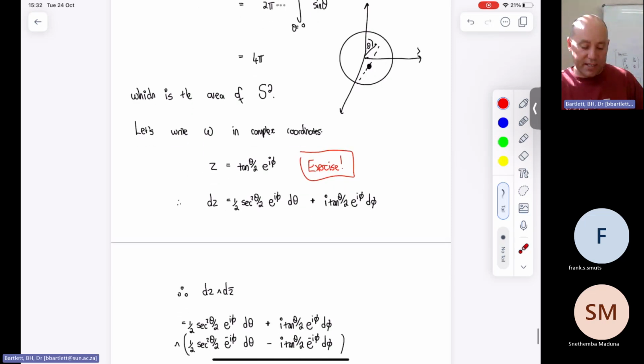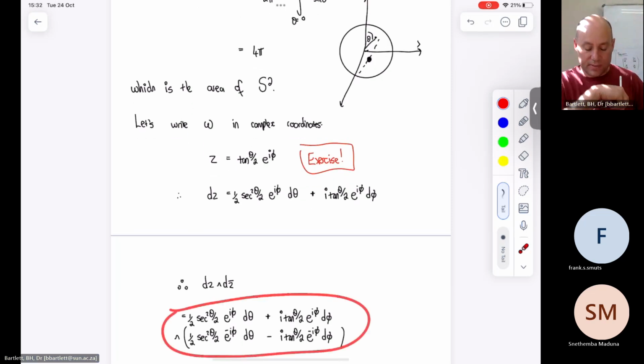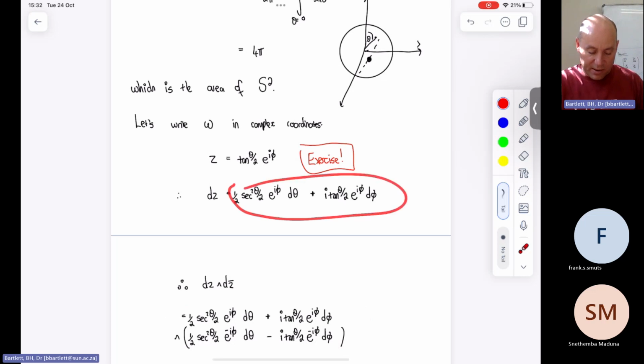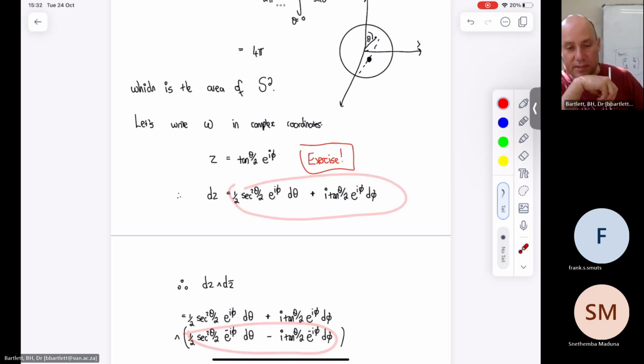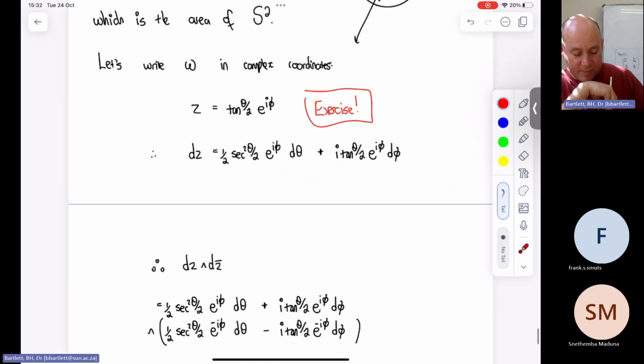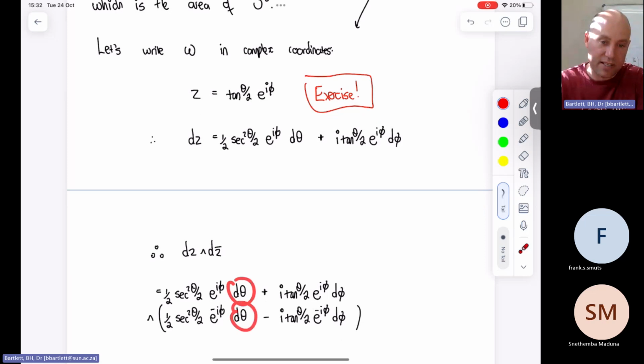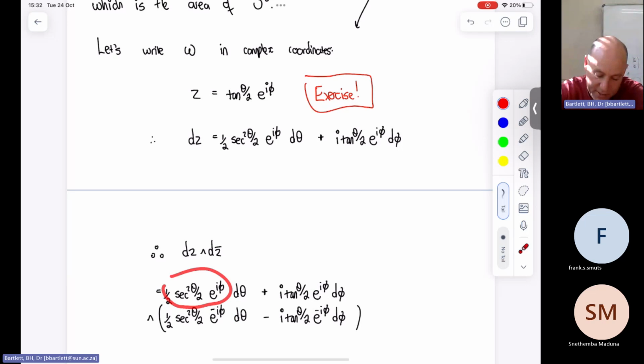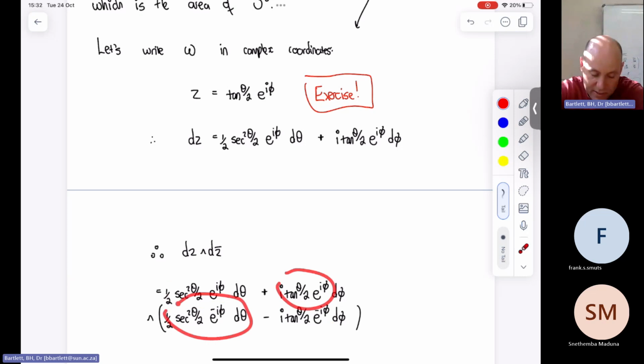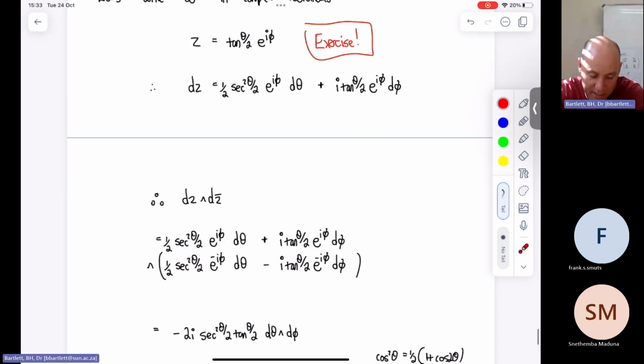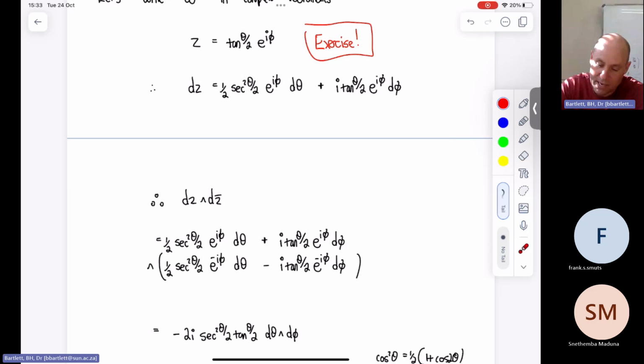So dz wedge dz bar would be this. I just took dz and I wedged it with dz bar. And now let's multiply that out. So the d theta wedge d theta is going to be 0. So the only term I have to worry about is this times this, and equivalently, I'll get the same when I do this times this. So I'm going to get minus... I don't know why I said minus 2i here.